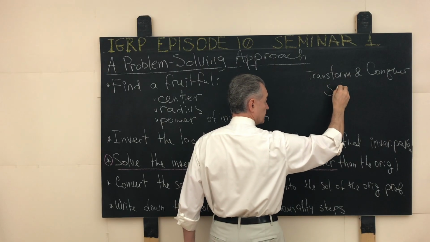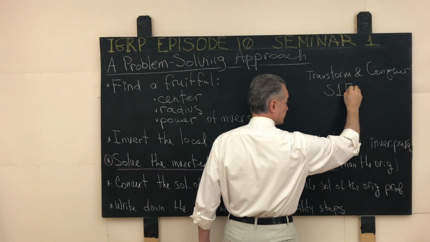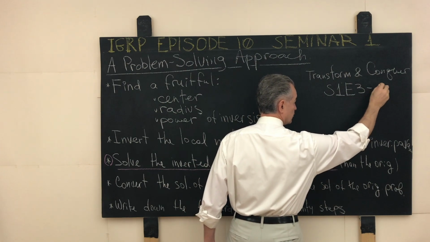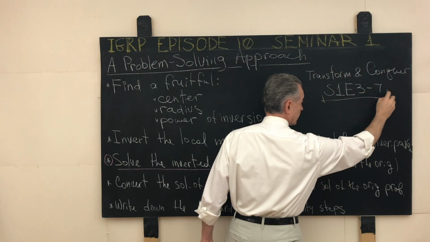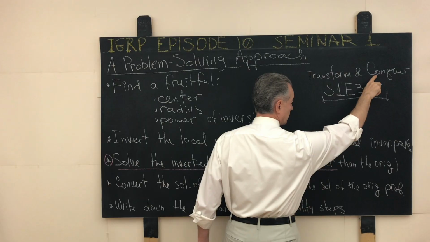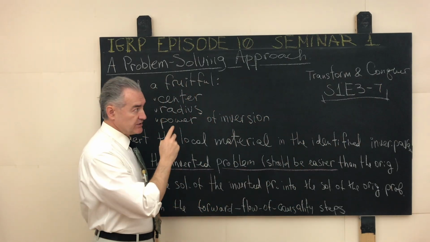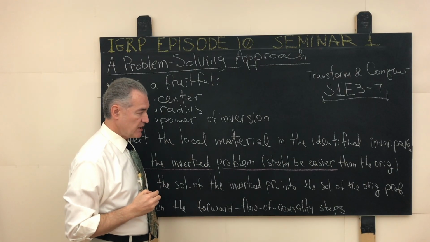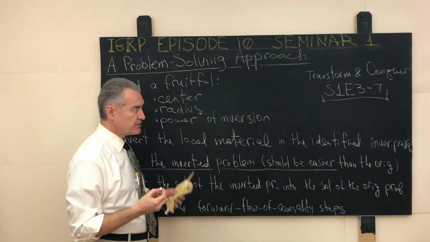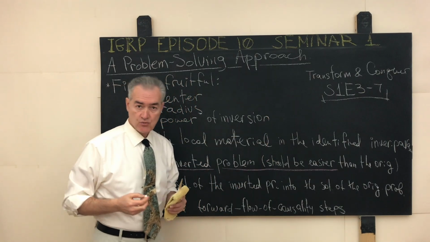If you missed those, then we recommend that you find season 1 episodes 3 to 7. Across 5 dedicated episodes, we studied this problem solving approach in great detail. You may want to pull up these episodes on our channel, work through them, and get a better understanding of how the transform and conquer problem solving approach works.